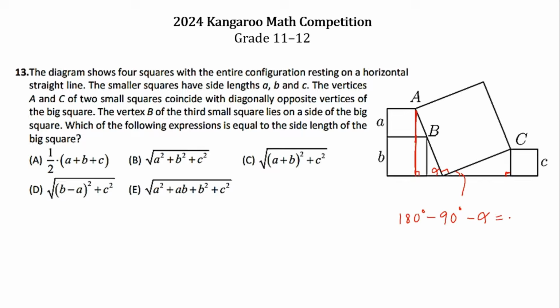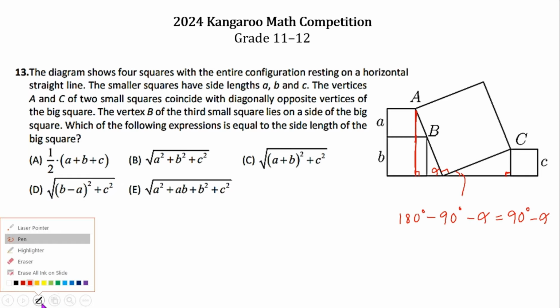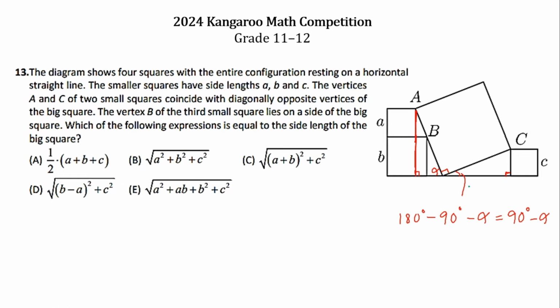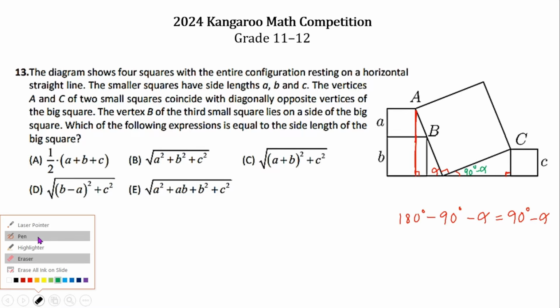So that's equal to 90 degrees minus alpha. Alright, so that angle, I'll just label it, is 90 degrees minus alpha. Okay, so we have determined the other angle.